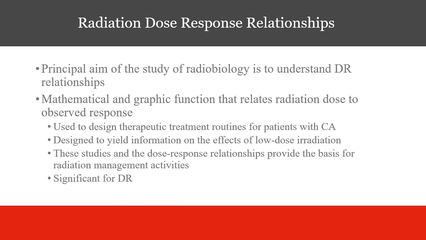A very large body of literature is out there for atomic bomb survivors, and so that's a great deal of information. So it's significant for diagnostic radiology, DR standing for diagnostic radiology, because we want to know how dose relates to response and what the responses could be for us.